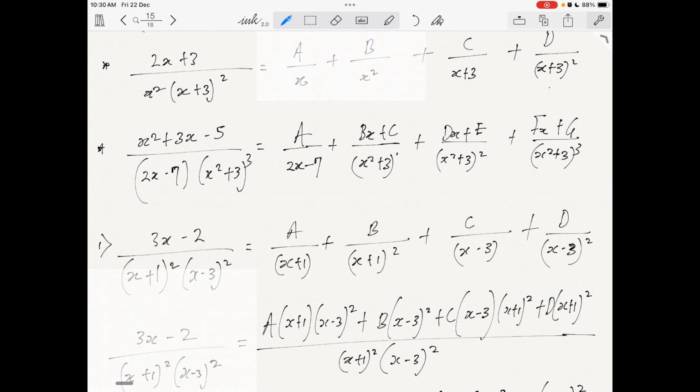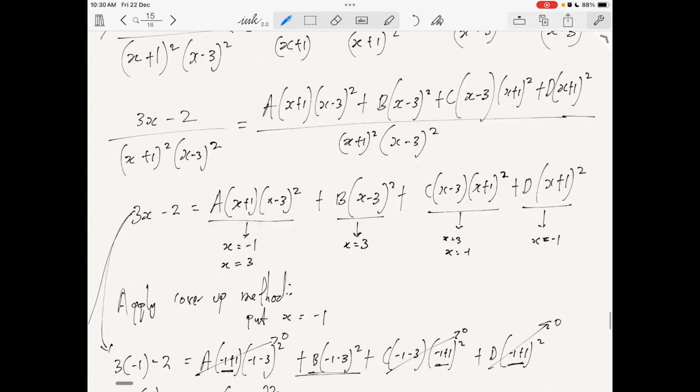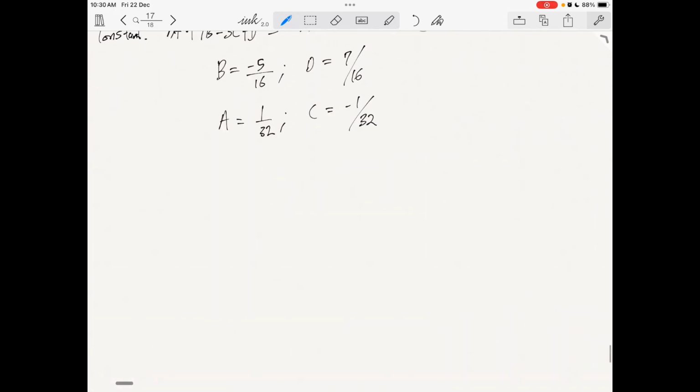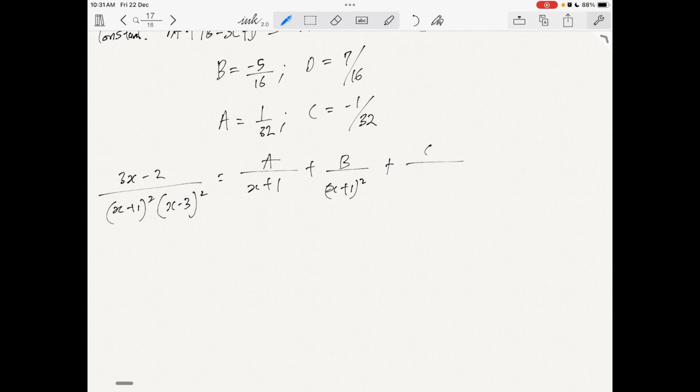Then we substitute our values for A, B, C, and D. So we have 3x minus 2 as the original question over x plus 1 squared, x minus 3 squared, equal to A by x plus 1 plus B by x plus 1 squared plus C divided by x minus 3 plus D by x minus 3 whole squared.